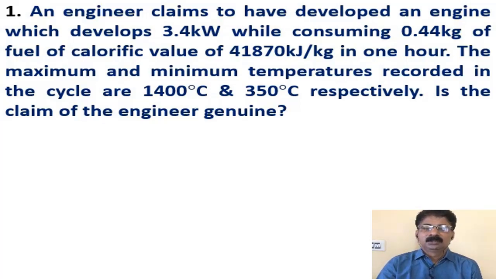Okay, you see here an engineer builds a heat engine and he says that the engine is developing 3.4 kilowatt. So engine develops 3.4 kilowatt means this is nothing but W. So W is 3.4 kilowatt, while consuming 0.44 kg of fuel of calorific value 41,870 kilojoules per kg in 1 hour.